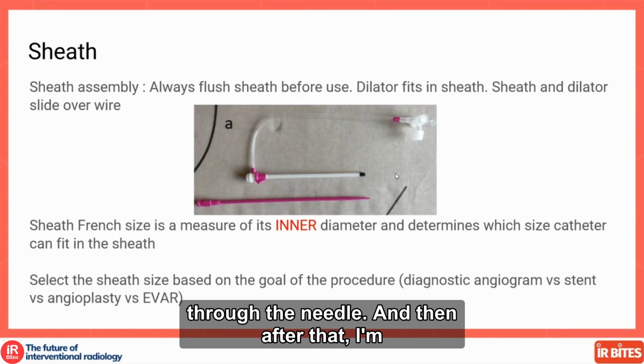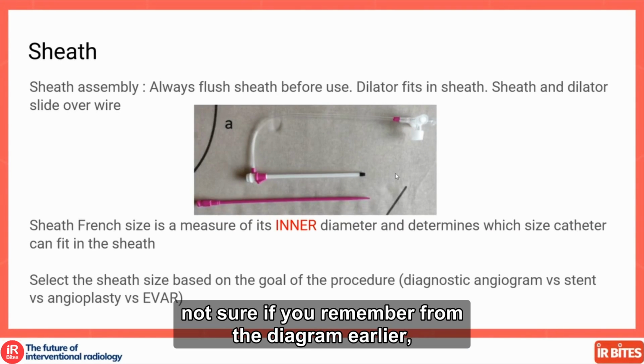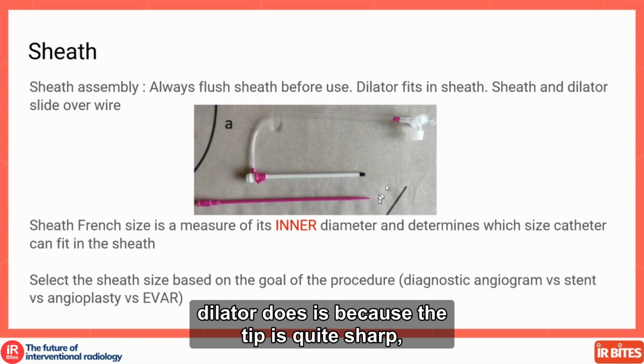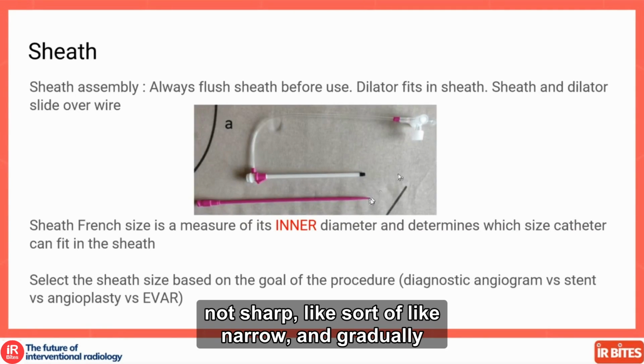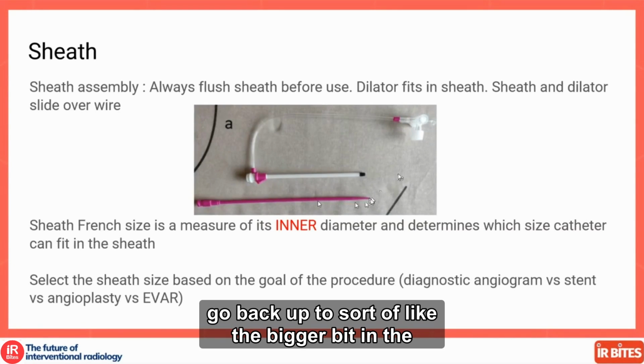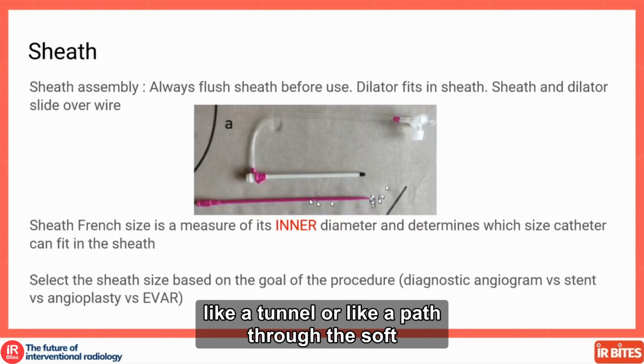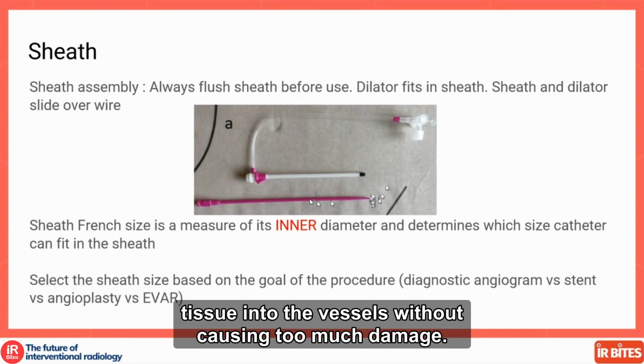And then after that, I'm not sure if you remember from the diagram earlier, you need to make a small skin incision before you pass the sheath and the dilator in. What the dilator does is, because the tip is quite narrow and gradually goes back up to the bigger bit in the middle, hopefully that will create a tunnel or path through the soft tissue into the vessels without causing too much damage.